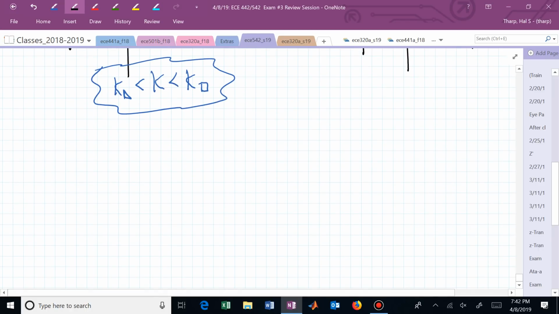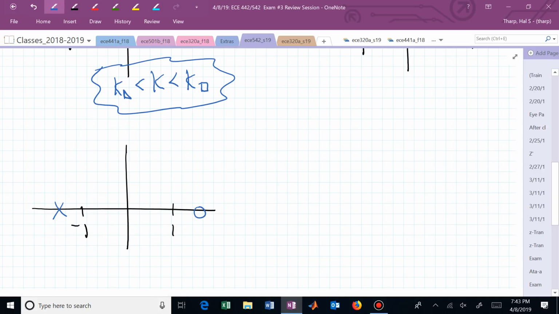What if you now had pole zero patterns? Let's say this is now 1 and this is -1, and maybe you had a pole here and a 0 here. How many real axis segments exist, and which of those belong to the root locus?